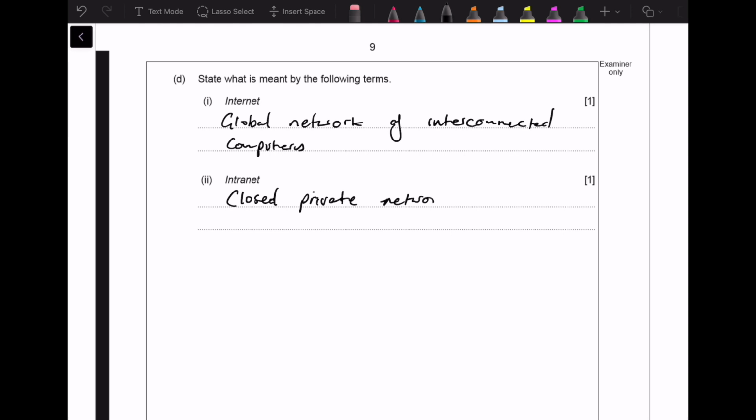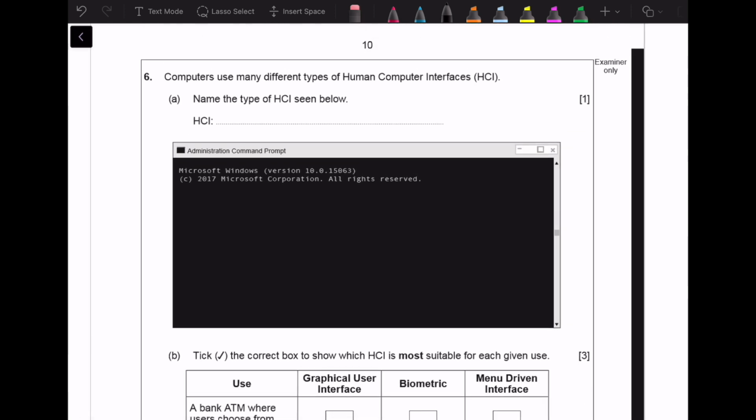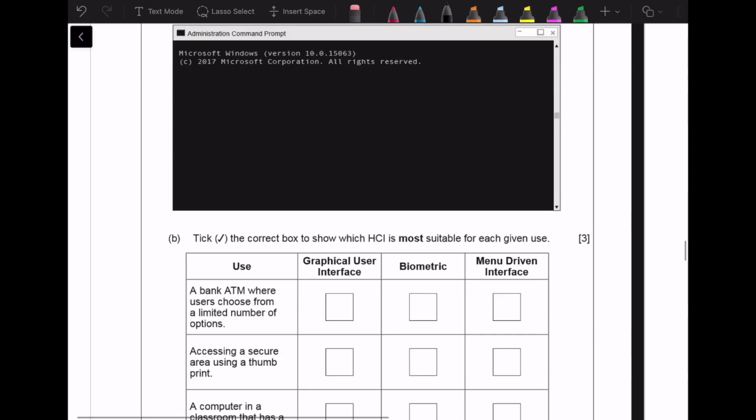Okay, so next part, we have HCIs. Okay, so this type of human-computer interface or human-computer interaction is a command line. And what we've got is a lovely tick box.